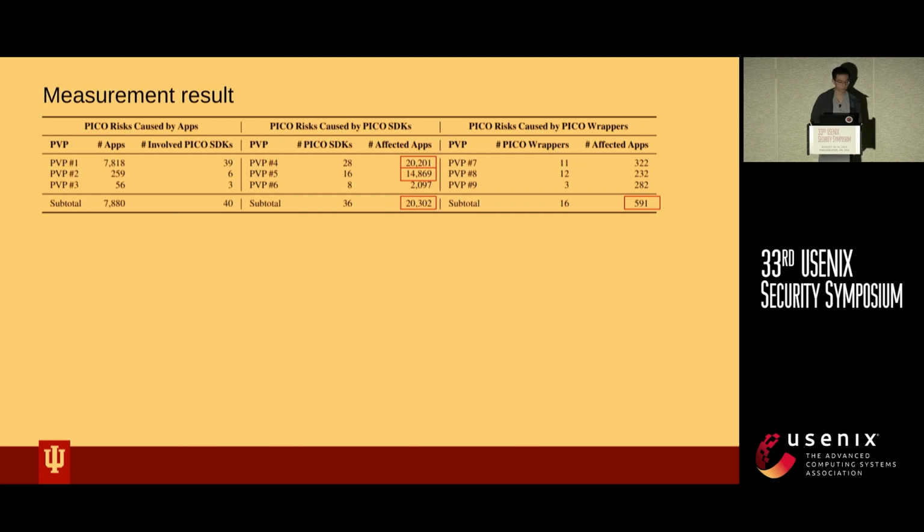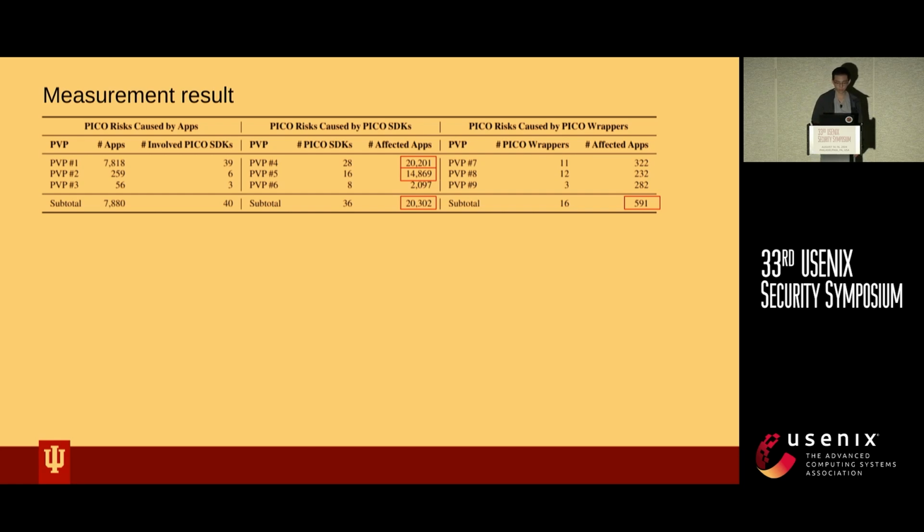There are some interesting numbers in this table. As we can see, for pattern 4 and pattern 5, the numbers are relatively high. More than 20,000 apps are affected. That is because some of the very popular PICO SDKs are violating these two patterns, causing more than 40% of the collected apps to be affected.